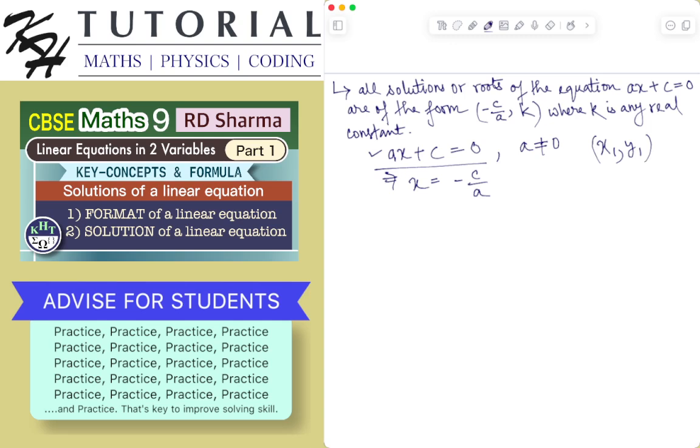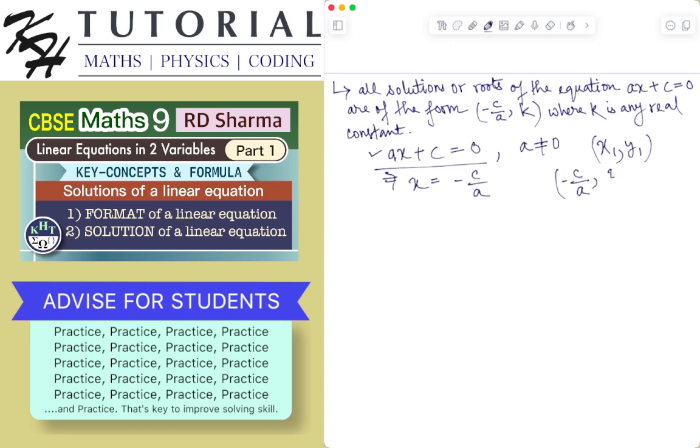But the linear equation in two variables x and y is given as ax plus c equals 0. This definitely means the value of x has to be minus c by a. So any root of that equation has to be of the form minus c by a, because the value of x has to be minus c by a.